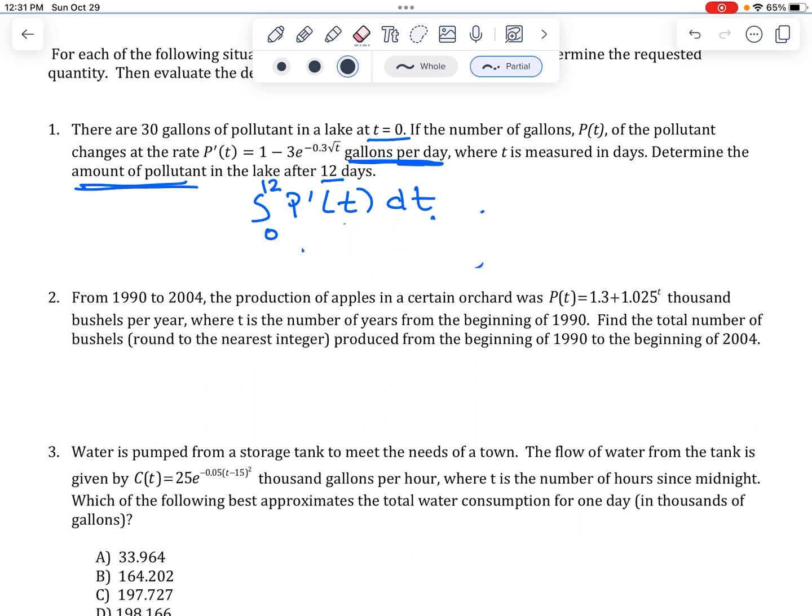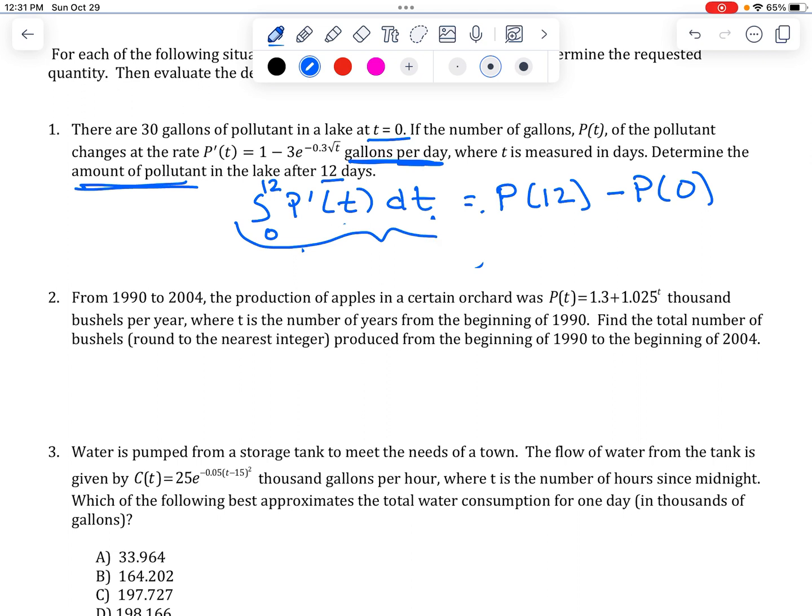So let's think about how we evaluate this. The antiderivative of P prime is P, and then we plug in the upper bound and subtract the lower bound. This is just going to give you the net change in that pollutant from 0 to 12 days. But be careful what the question is asking. It wants to know what your final amount of pollutant is after 12 days. So it's asking for this value.